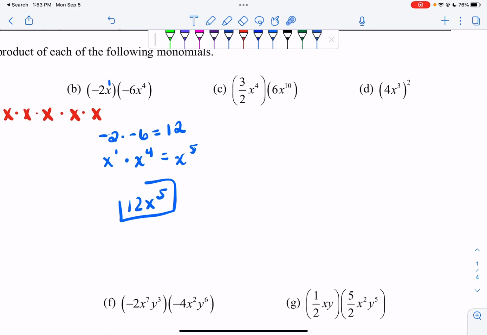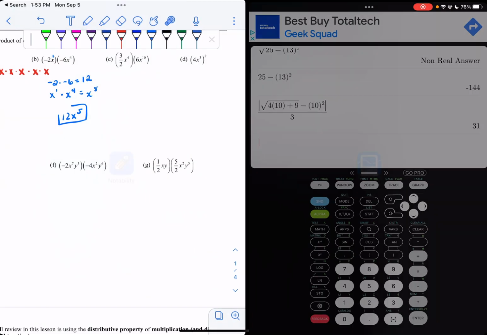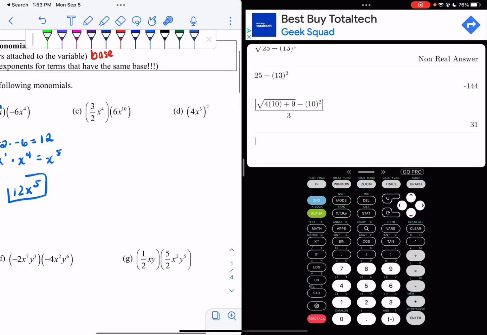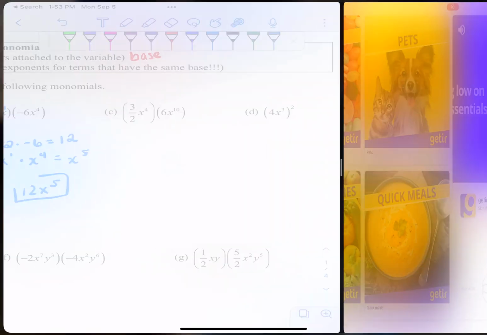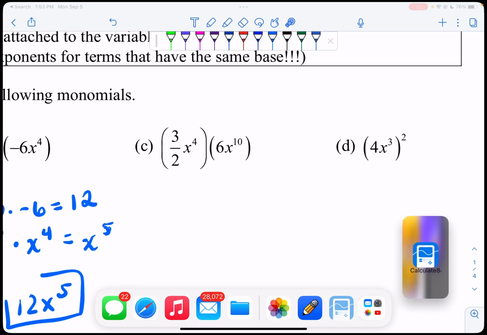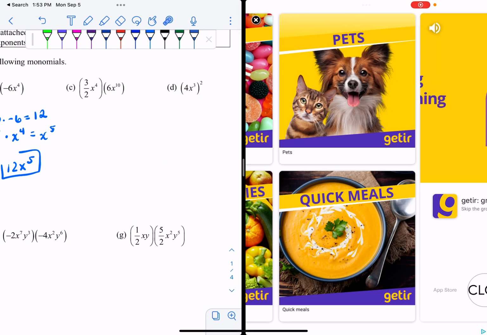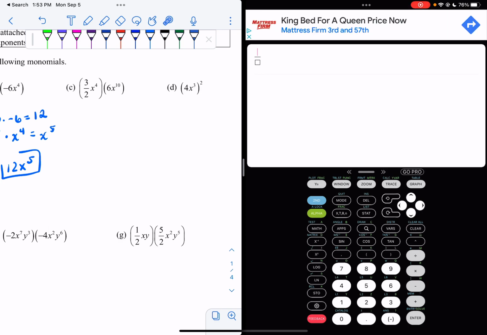Now let's look at the next one. 3 halves x to the 4th times 6x to the 10th. So I'm going to use my calculator because I'm not that great with fractions in my head. So I'm going to do 3 over 2 times 6.